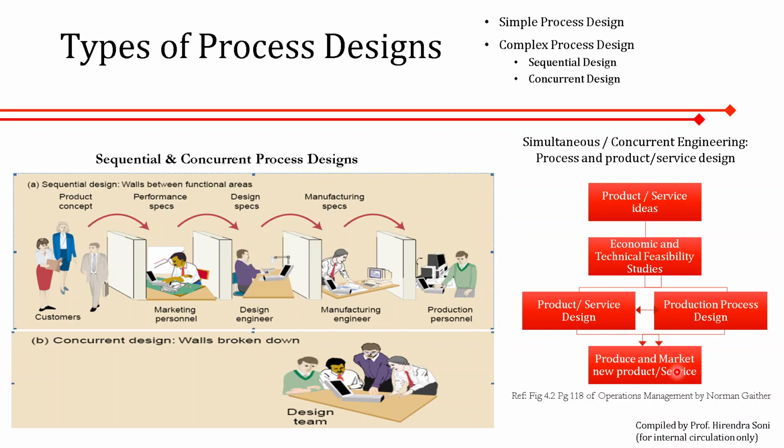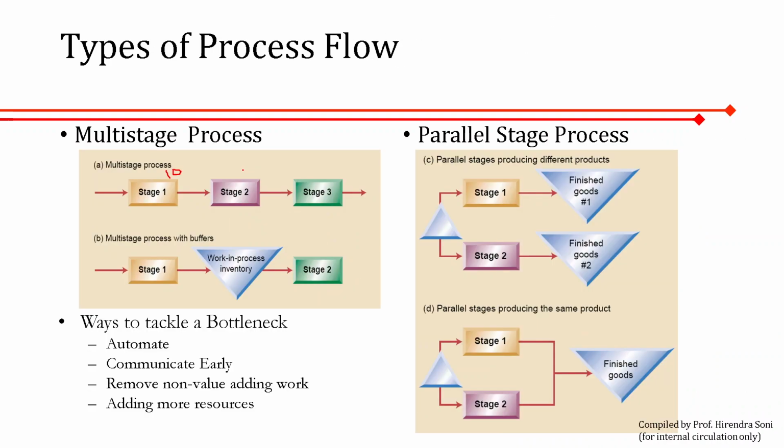If my stage 1 is producing, say, 10 units per minute, stage 2 is producing 8 units per minute, and stage 3 capability is 12 units per minute, what would be the output rate?